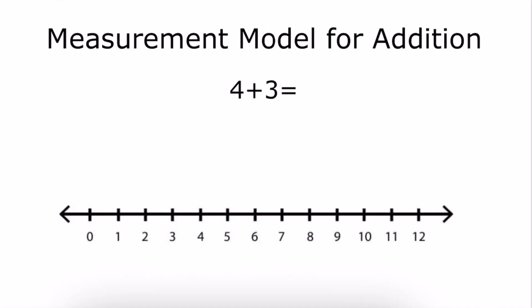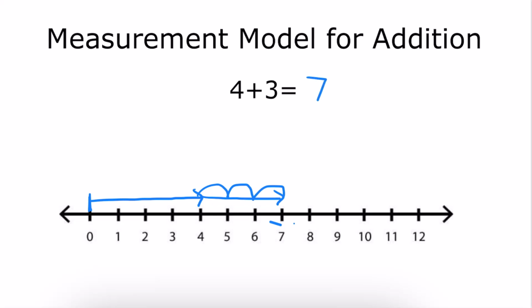You can also do a measurement model for addition. If I wanted to use a measurement model, I would start at the number 4, so I'd go from 0 over to 4. Then I would add on 3 more from here, so I'd go 1, 2, 3 units ahead on the number line. And this shows that 4 plus 3 equals 7.